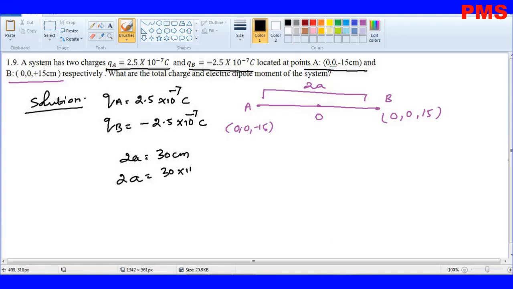According to the SI system we convert to meters: 2a equals 30 centimeter, which is 30 times 10 power minus 2 meter.